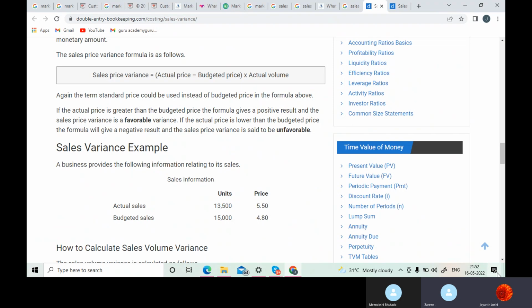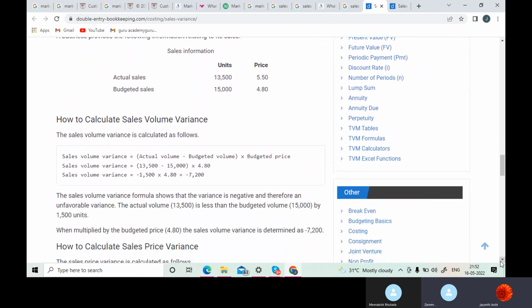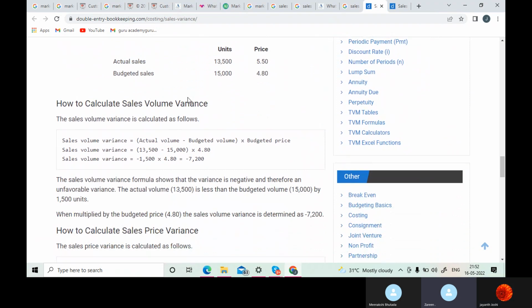Total variance is 2,250. Sales price variance is 9,450. No, sales volume, you can check. 7,200. Yeah, you can check it. Got it?